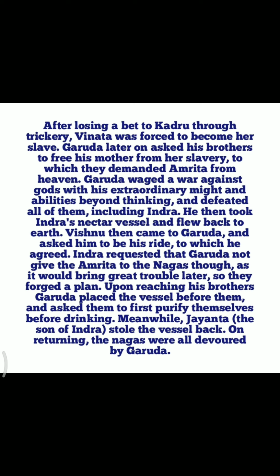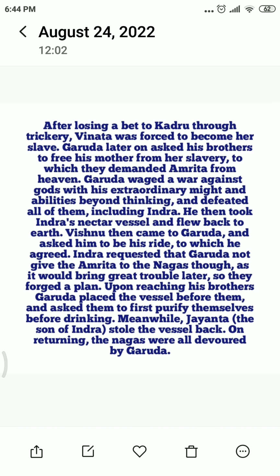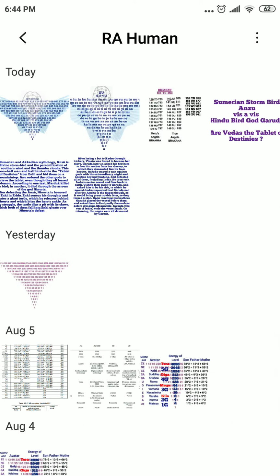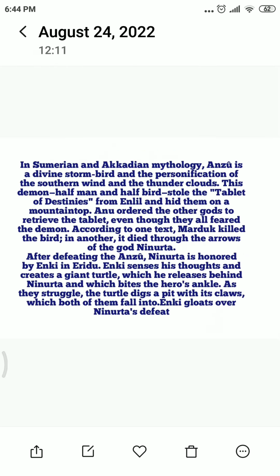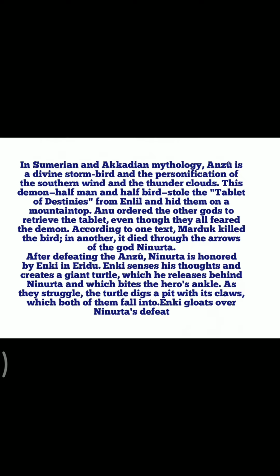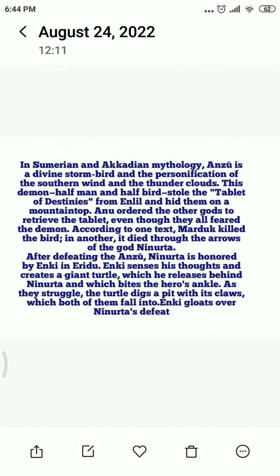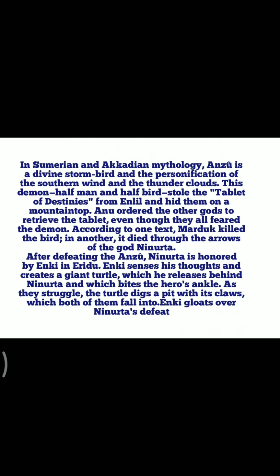So all these three heroes, I am damn sure, though Anzu was made out to be a villain in Sumerian mythology, I am damn sure even Anzu had the interests of the human beings, the commoners, at heart, and he got the tablet of destinies, and made the common man or the human being the god, king of gods.